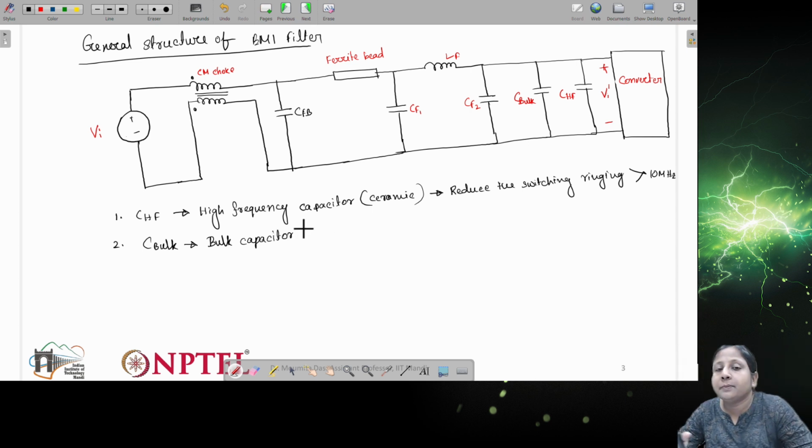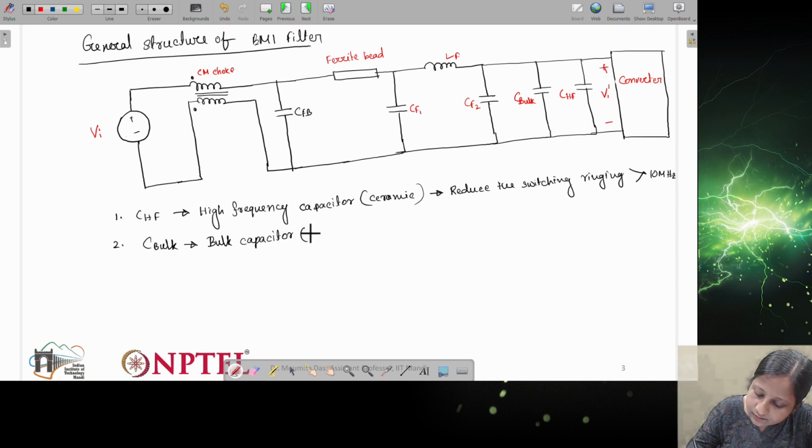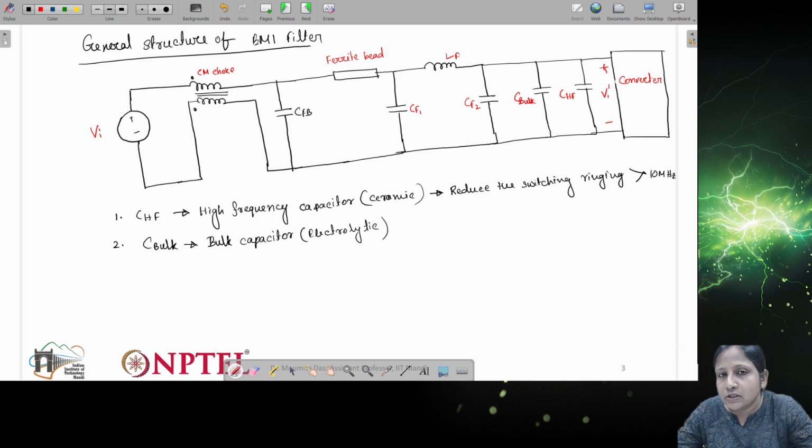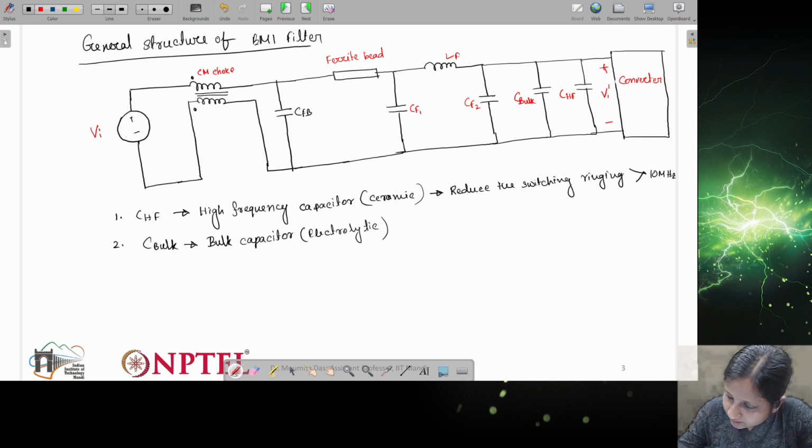So the bulk capacitor is generally chosen as electrolytic kind of capacitor, but other capacitors, if it is available in that range which is having low ESR, that can also be selected. Now why we need this bulk capacitor?